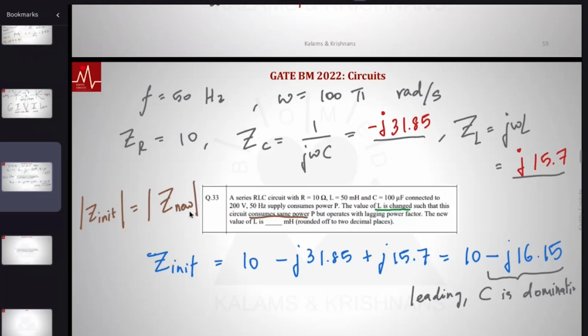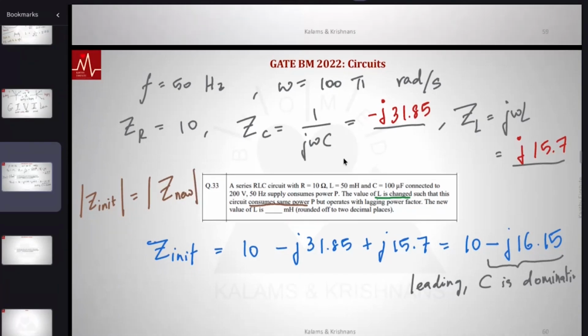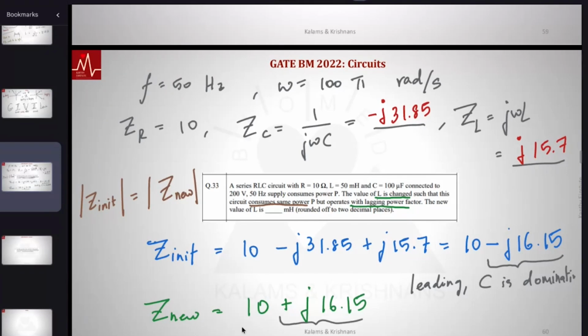Impedances are the same, so power consumption is the same, but it operates with a lagging power factor. So your Z new is lagging, your inductor is dominating, with the same magnitude. So this is essentially plus j into 16.15. Notice this is lagging and now L is dominating.